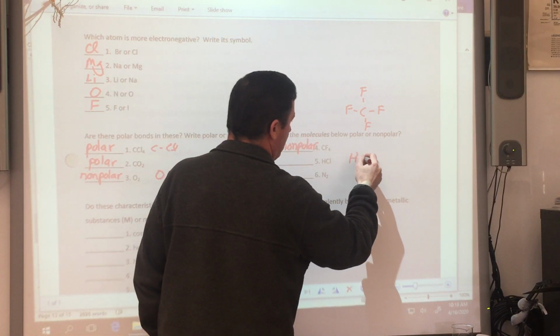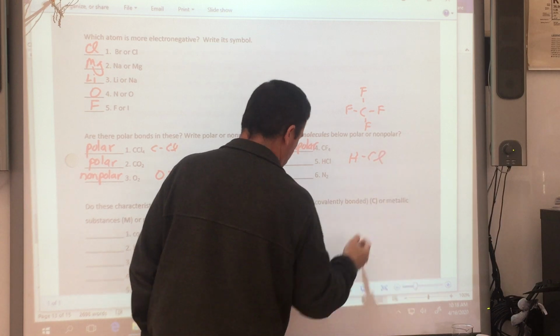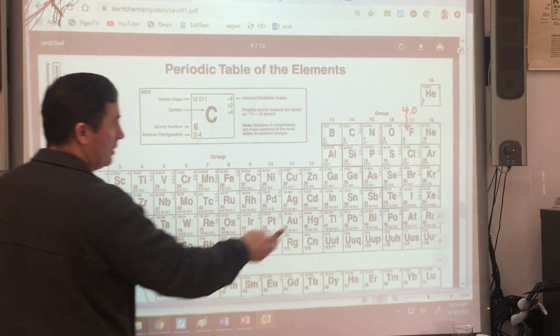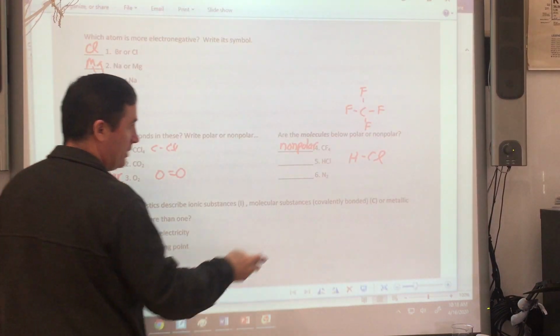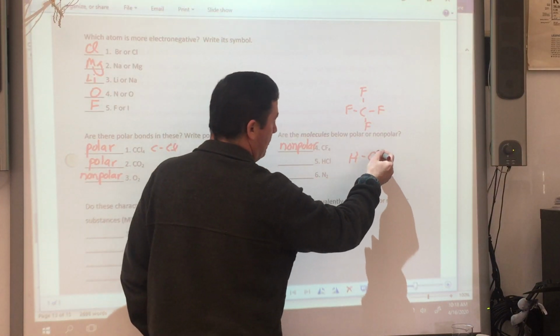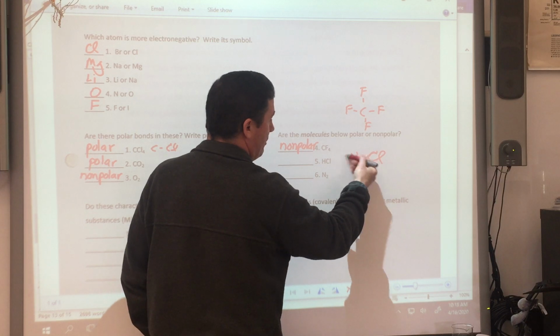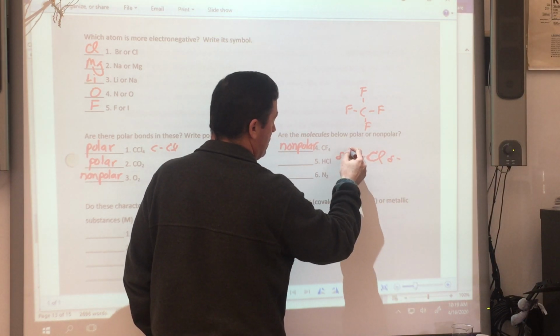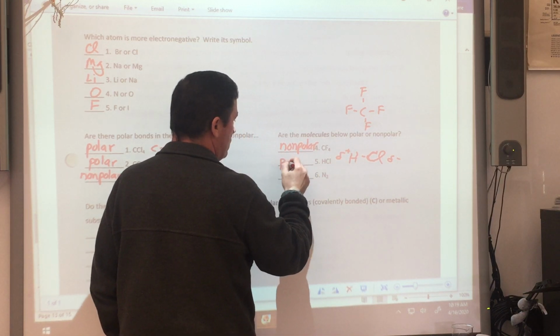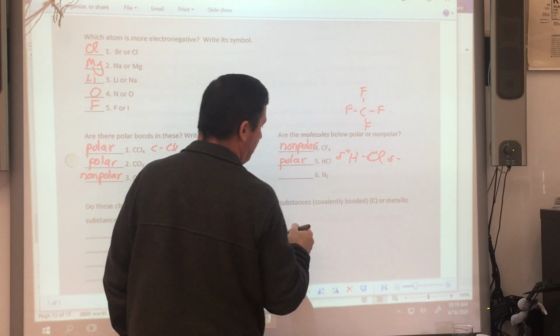HCl. Here's hydrogen chloride. Well, we just saw chlorine. Chlorine is right next to fluorine, so it's got a pretty good electronegativity. That means it's going to pull the electrons away from hydrogen, making this side slightly negative and this side slightly positive. So this is a polar molecule.